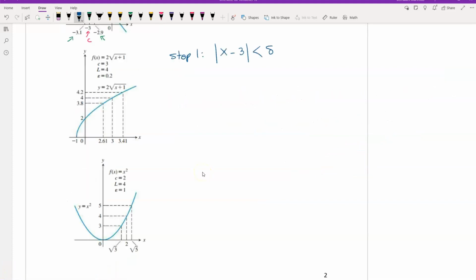Now here on this graph, what we have for c is 3, and step 1 is absolute value of x minus c less than delta. So c is 3. Now solving for x, this implies x minus 3 is between negative delta and positive delta.